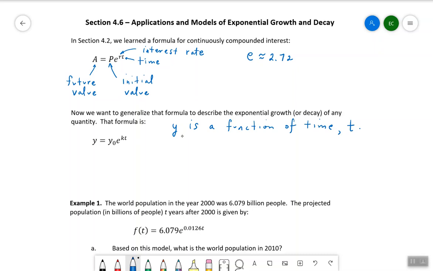And k is the growth rate or the decay rate. You'll know it's a growth rate if the number is positive, and a decay rate if the number is negative.